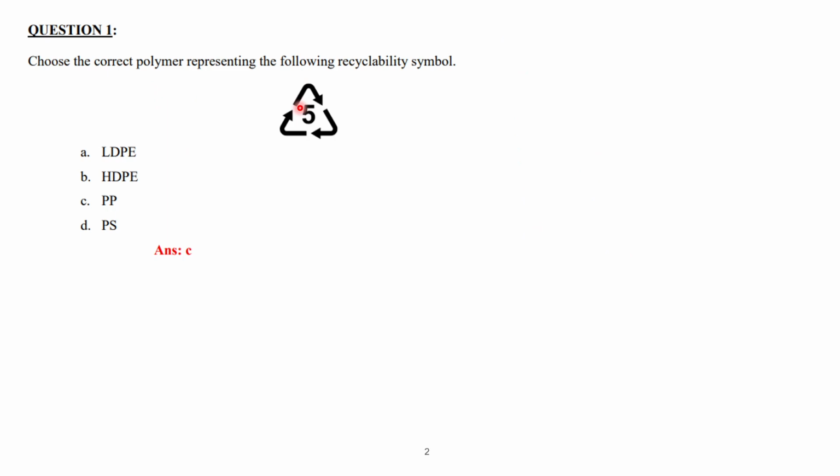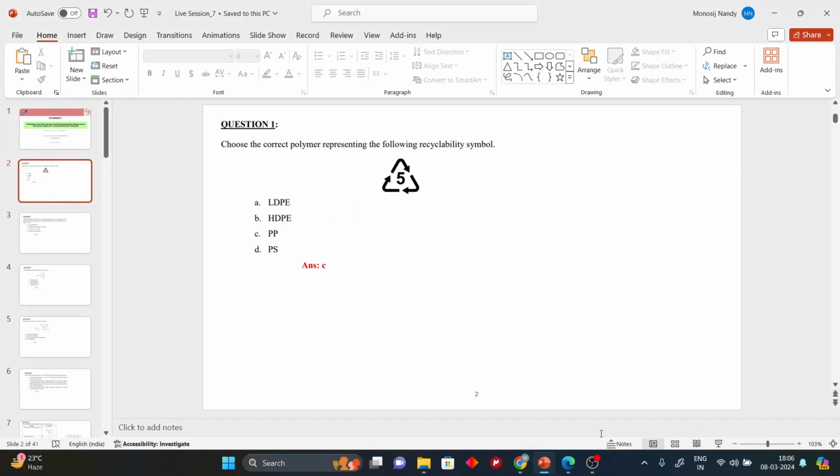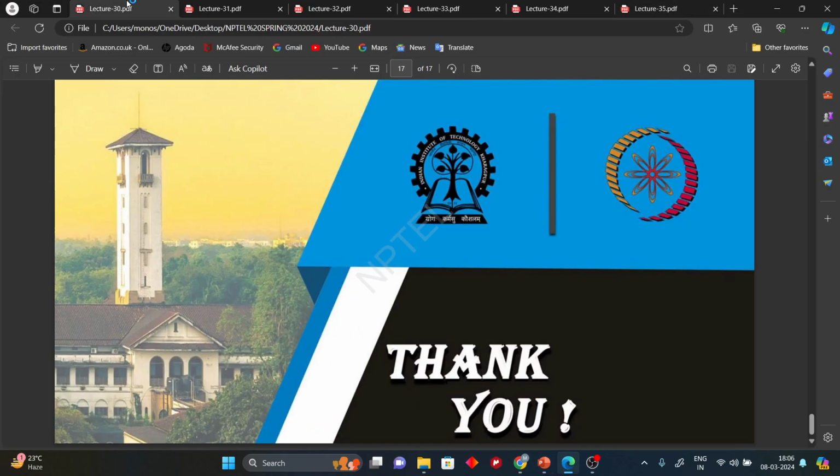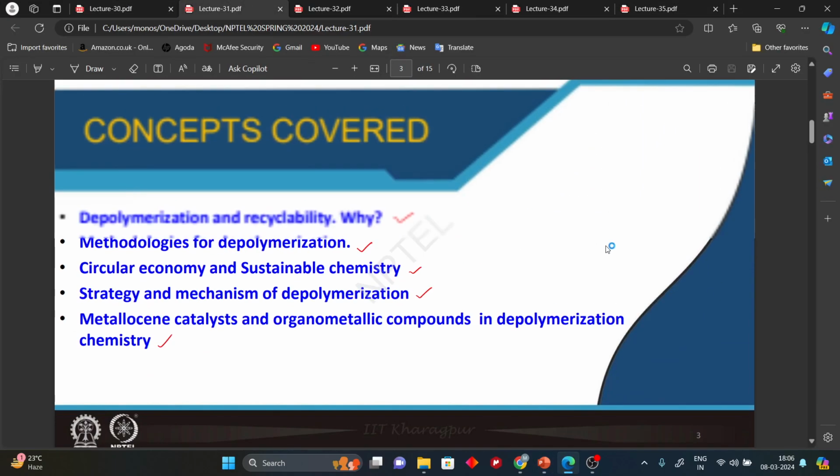This is for recyclability, and they want to know for which type of polymer this sign is given. The answer is actually polypropylene type polymers. If we look into a bit of detail, let's go to the lecture slide.